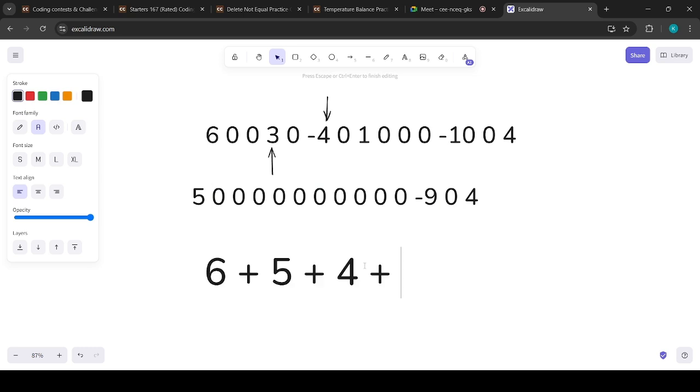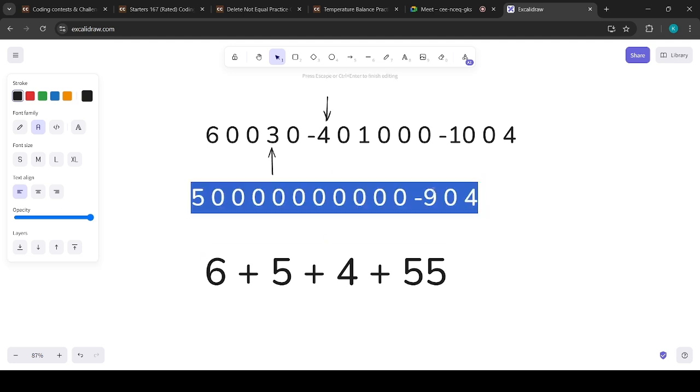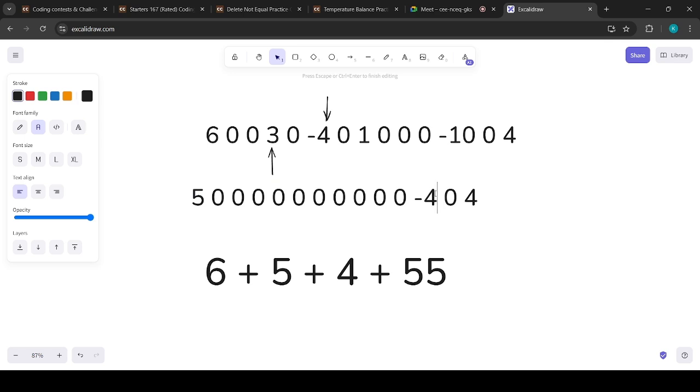So it will take 5 into 11, which is equal to 55. It will take 55 seconds to shift this 5 to this -9. So it will become -4 and it will become 0.